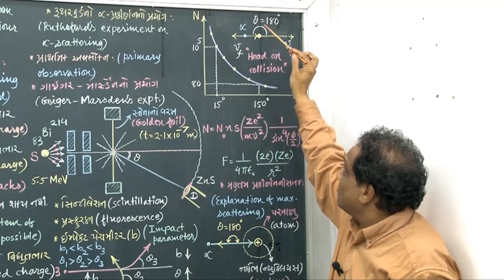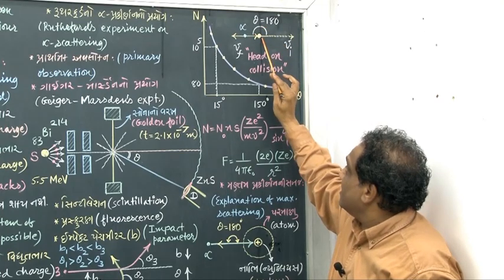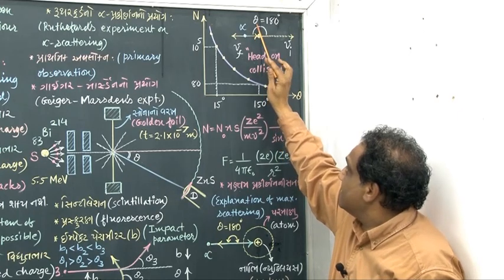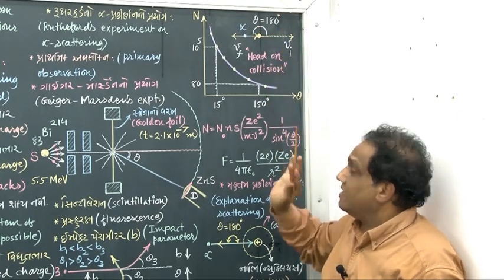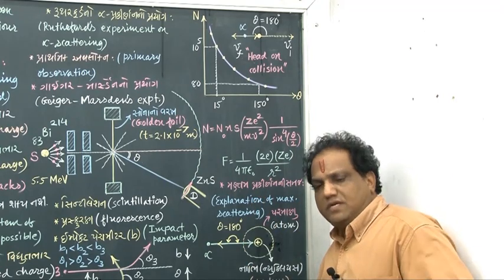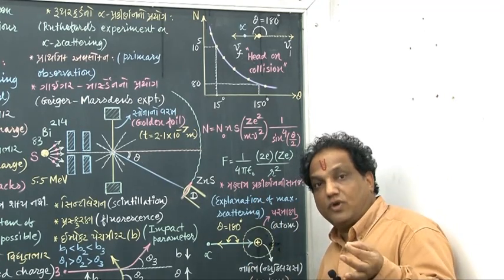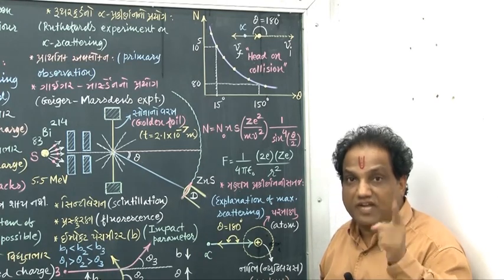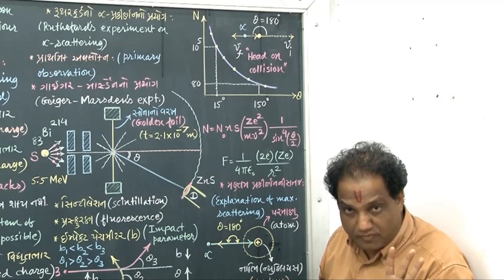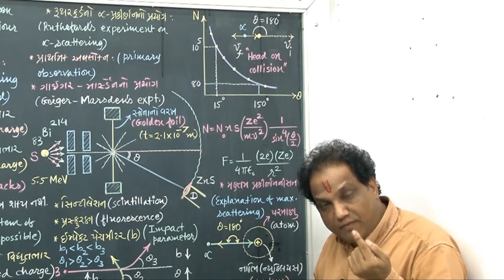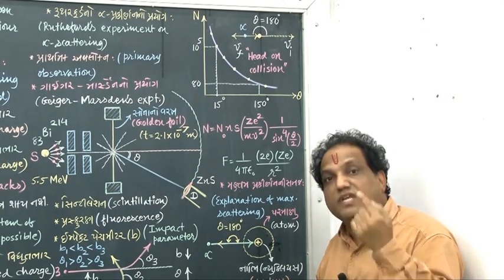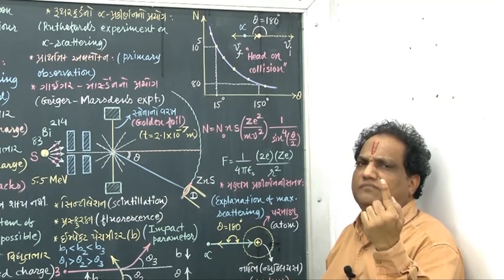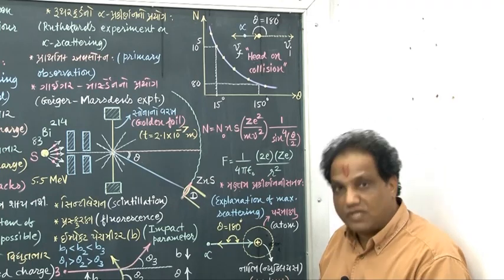So this is the angle of scattering, the angle between the directions of initial velocity and final velocity. You can see it is 180 degrees. But the number of alpha particles undergoing maximum scattering was very small. Out of approximately 10,000 alpha particles, the number undergoing scattering by 180 degrees was found to be just one out of 10,000.